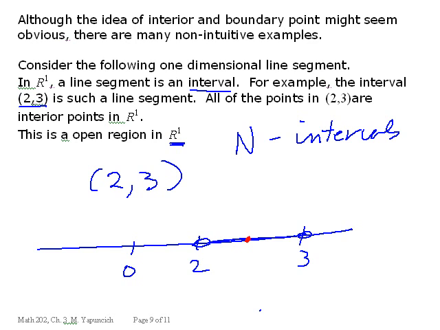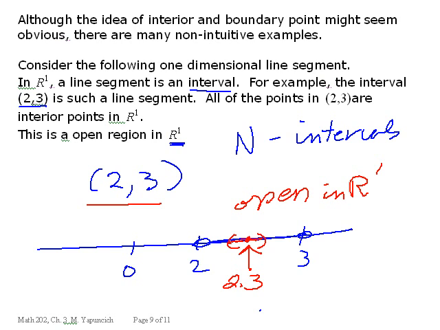Here would be a neighborhood about this point here. Let's say that point is 2.3. You could find an interval about any point in this line segment, and that interval would totally lie within the line segment. Therefore, this is an open region in R1.